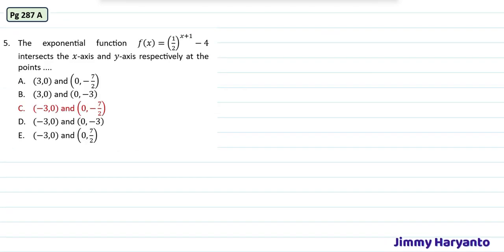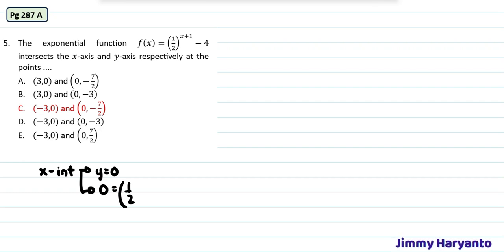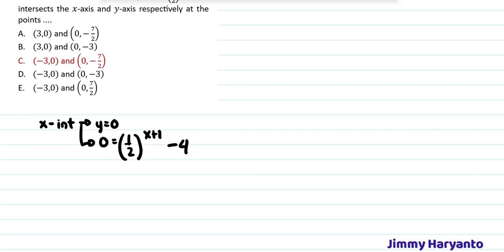Next is question 5. For question 5, we have this function, and the question wants you to find the x-intercept and also the y-intercept. The x-intercept means y equals 0, and that also means 0 equals half to the power of x plus 1, and then minus 4. Okay, let's use algebra to solve this. First, you move the 4.